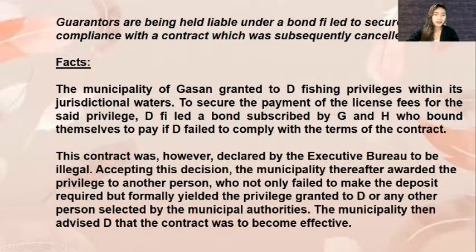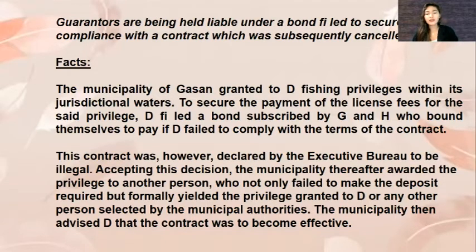The municipality of Quezon granted D fishing privileges within its jurisdictional waters. To secure the payment of the license fees for the said privilege, D filed a bond subscribed by J and H, who bound themselves to pay if D failed to comply with the terms of the contract. This contract was, however, declared by the Executive Bureau to be illegal.